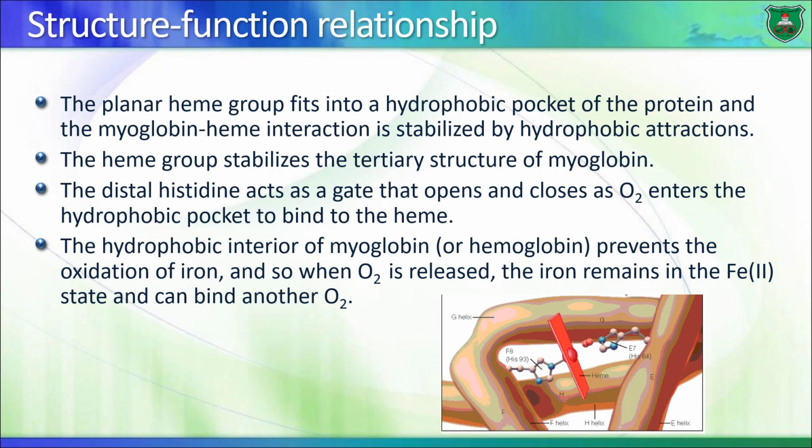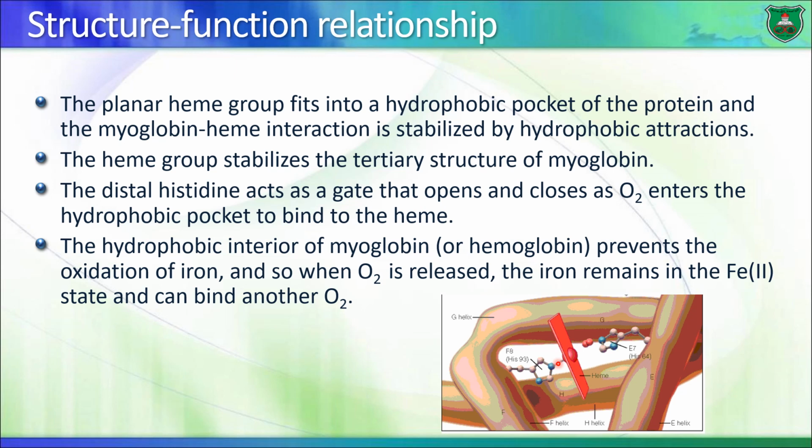So these lectures are concerned with knowing the relationship between structure and function, in other words, the purpose of amino acids. What's important is that the heme molecule is a hydrophobic molecule, so it fits in the hydrophobic pocket. The hydrophobic amino acids that surround the heme molecule stabilize the interaction between heme and the protein.